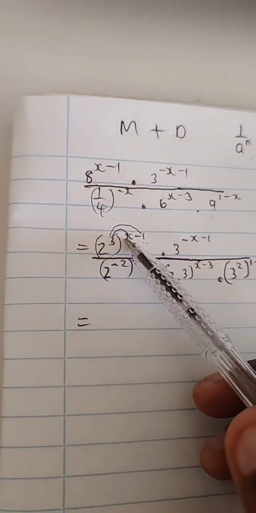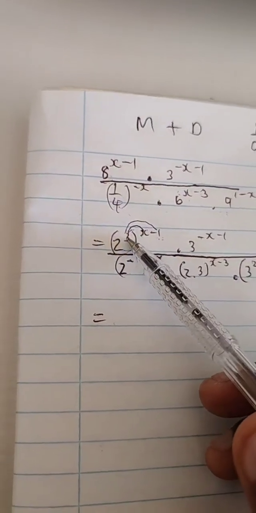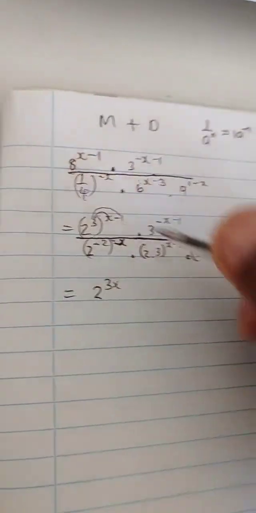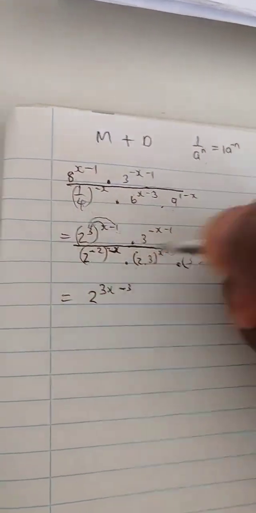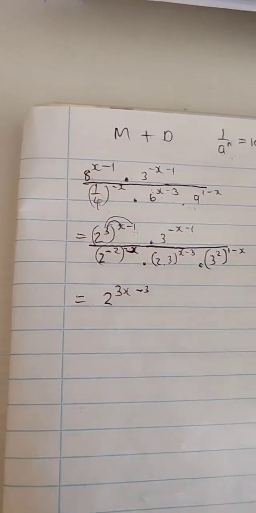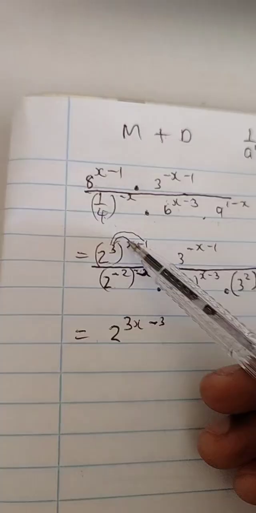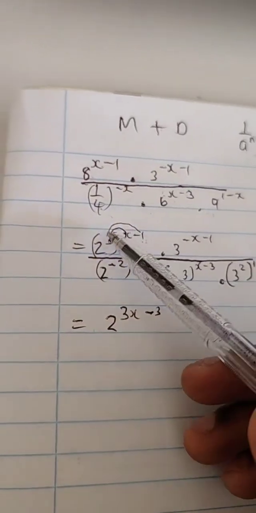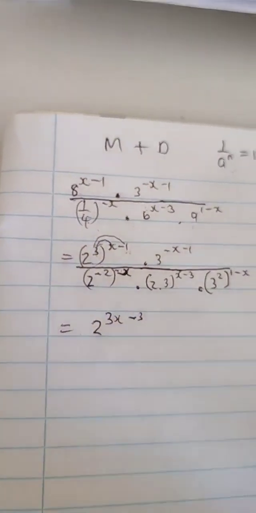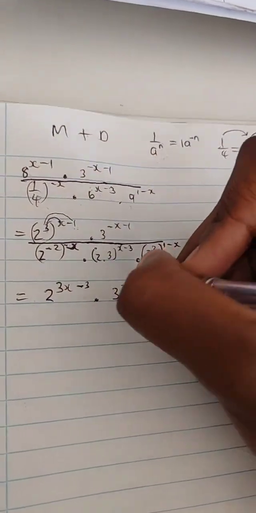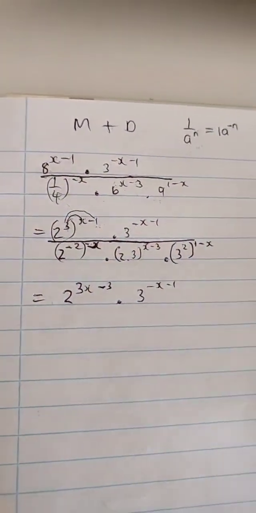Mono 1, binomial 2 terms. You distribute: 3 times x, 2 to the power 3x. 3 times negative 1, negative 3. Please, guys, that is one thing I want to stress more than anything else. You multiply 3 and x, you multiply 3 and negative 1. This one was fine, already sorted.